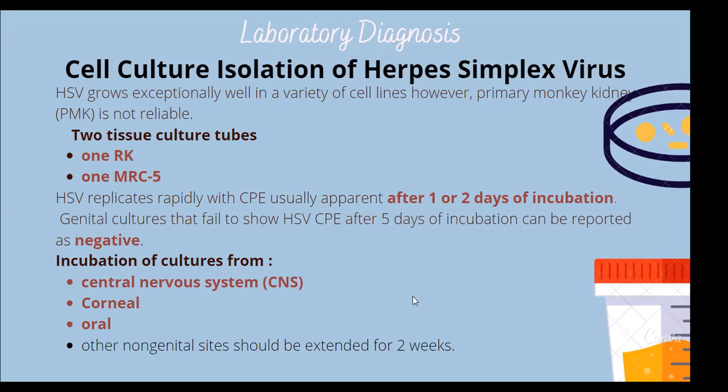So first one, HSV grows exceptionally well in a variety of cell lines. However, primary monkey kidney, PMK, is not reliable. So when we say other cell lines, we have the human fibroblasts, rabbit kidney, mink lung, HeLa, rhabdomyosarcoma, Vero, and the HEp-2. With these kinds of cell lines, HSV grows exceptionally, but not in monkey kidney.